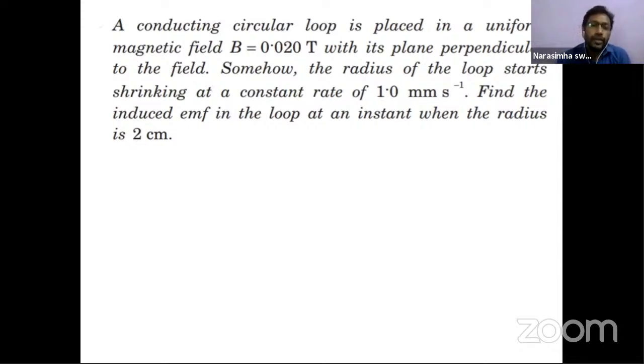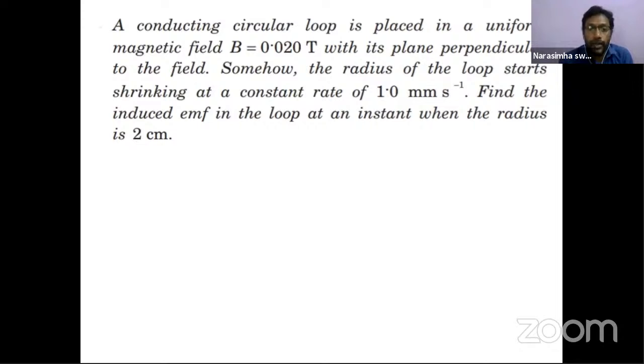Actually, initially the radius of this loop is not given. The radius starts shrinking at a rate of 1 millimeter per second, so within 1 second of shrinking, the radius changes by 1 millimeter. What is being asked is the induced EMF when the loop radius is 2 centimeters.